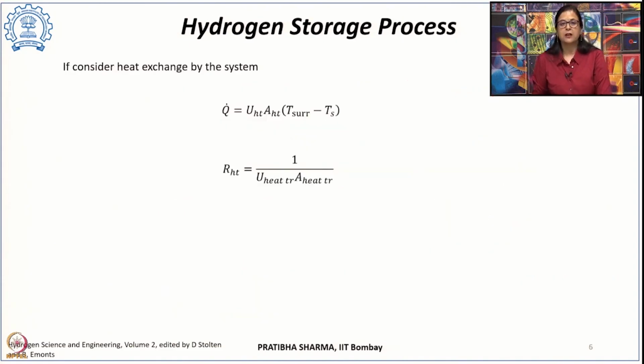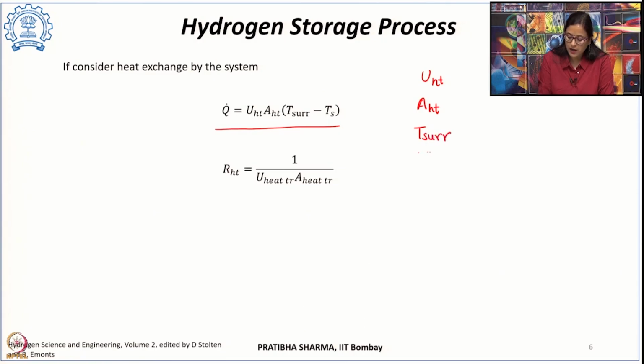We can also consider that the system exchanges heat with the surroundings. So, if this term is non-zero, in that case we can also find out the heat exchanged by the system, which is q dot, and that is given by the overall heat transfer coefficient U HT times A, the area for heat exchange, times the difference between T surrounding, the surrounding temperature, and the storage system temperature.